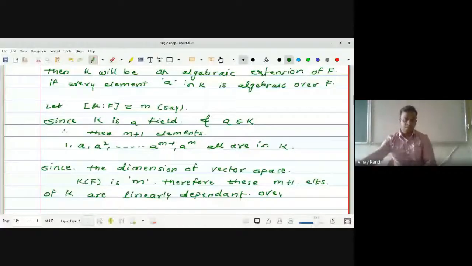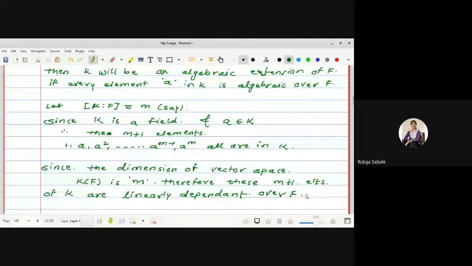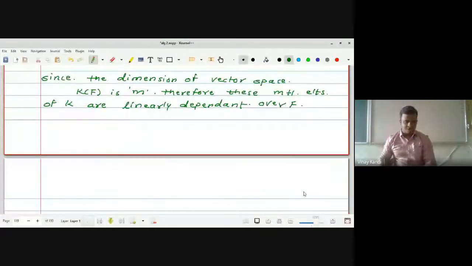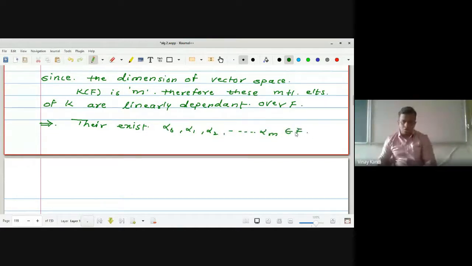Okay, so therefore this implies there exist coefficients alpha naught, alpha 1, alpha 2, up to alpha m, all belonging to F, not all 0. This is the definition of linearly dependent.